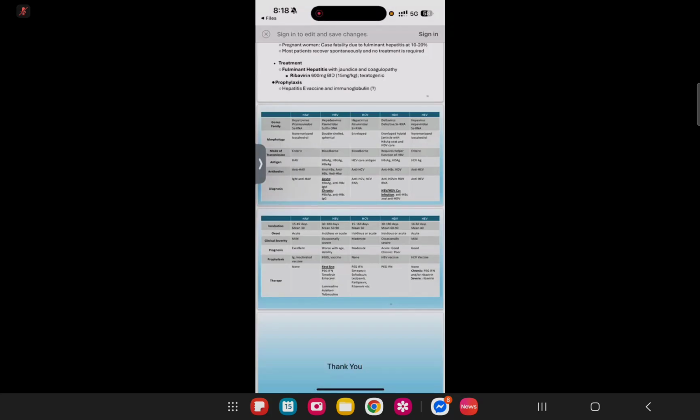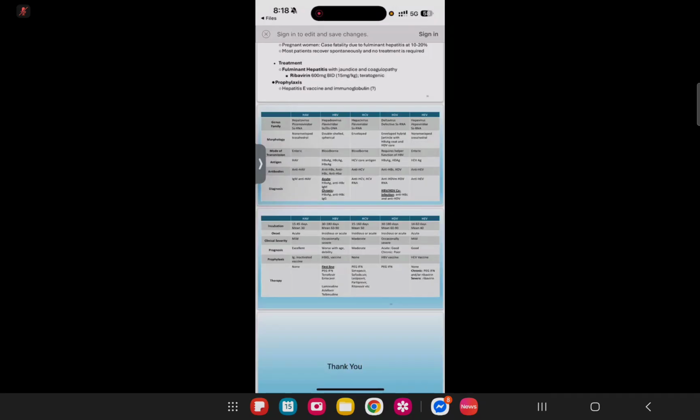So it's not the virus damaging the cells, but an immune response. Hepatitis C is notorious for becoming chronic in up to 90% of cases. Hepatitis D requires Hep B virus as helper virus. And hepatitis E, though generally self-limited, can be fatal in pregnancy.